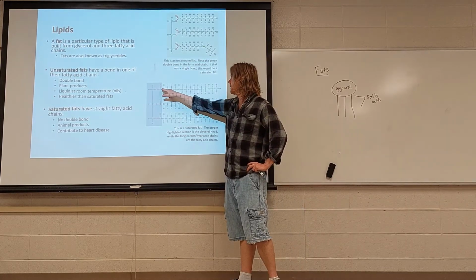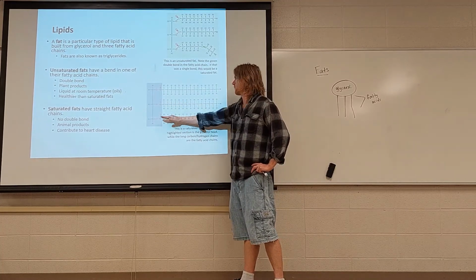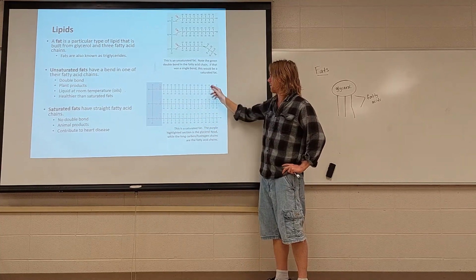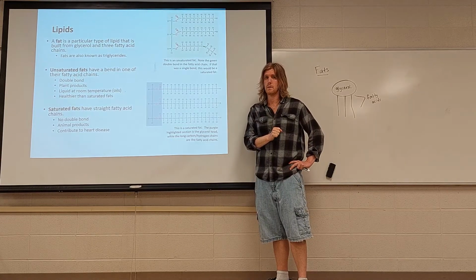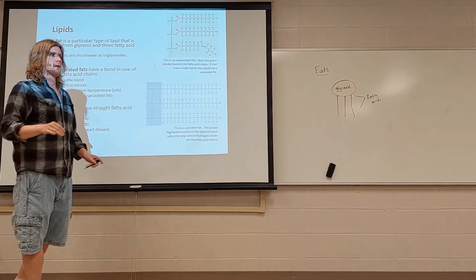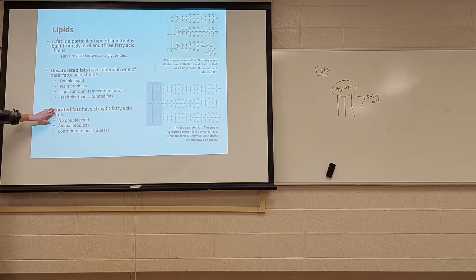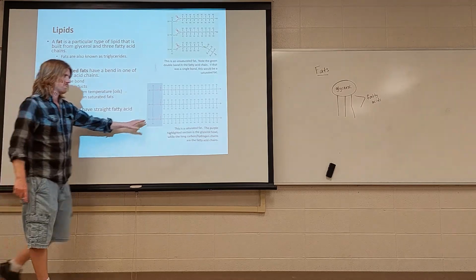In a saturated fat, there is no double bond, which means the chain stays straight with all three chains. Unfortunately, that is part of what contributes to their ability to clump together well and contribute to atherosclerosis, which is plaque in your arteries. But saturated fats, there's no double bond in there.